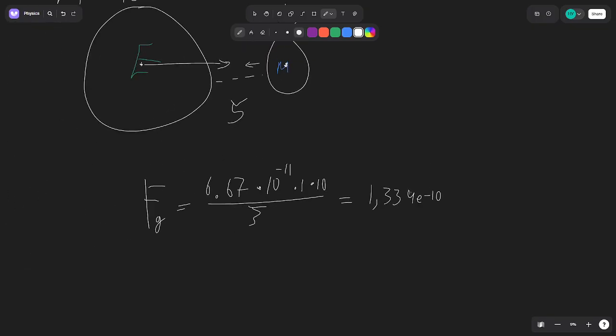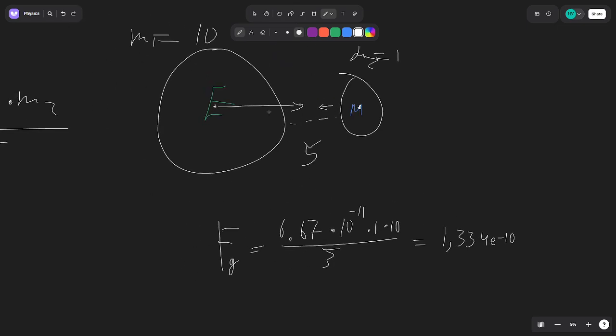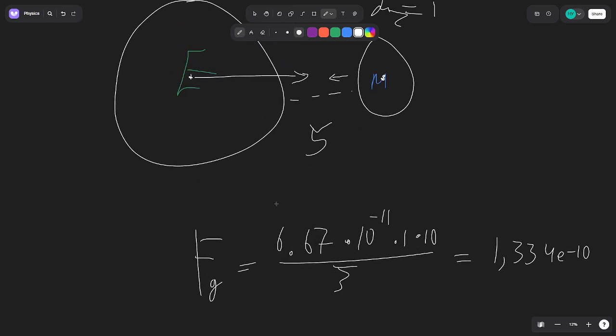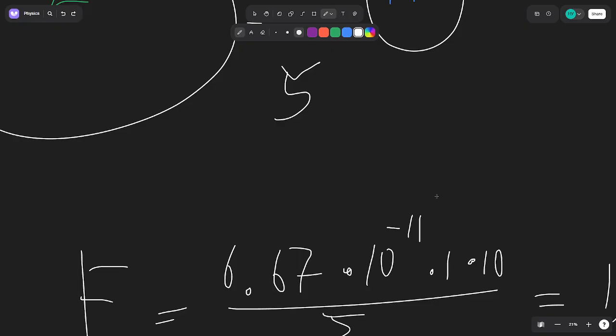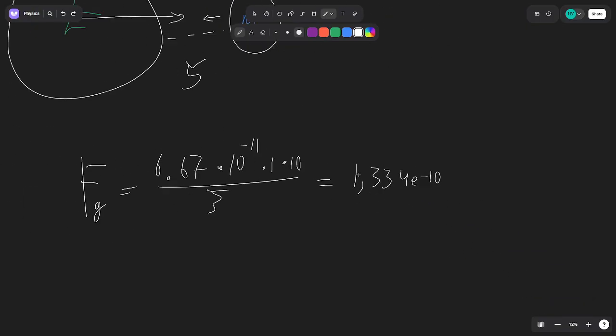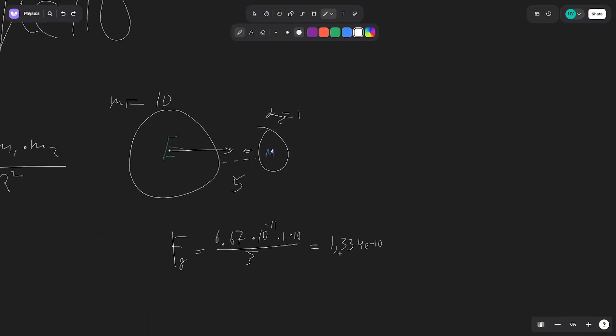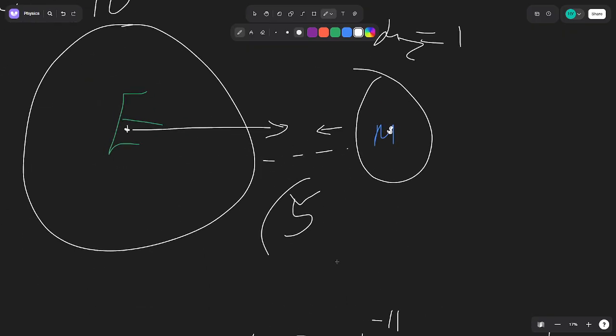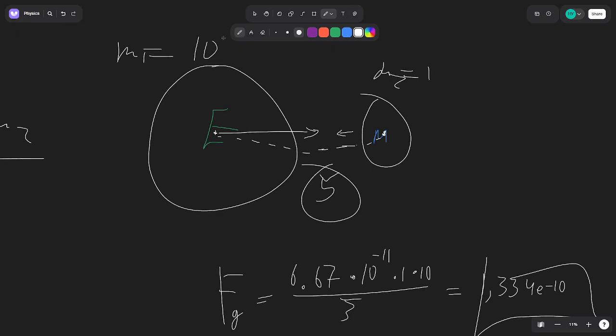And this is a large number because the masses are insane. The numbers are insane. The gravitational constant is literally 11 numbers after the dot. So in our case, this is the force of gravity between these two objects according to the distance between their centers and their masses.